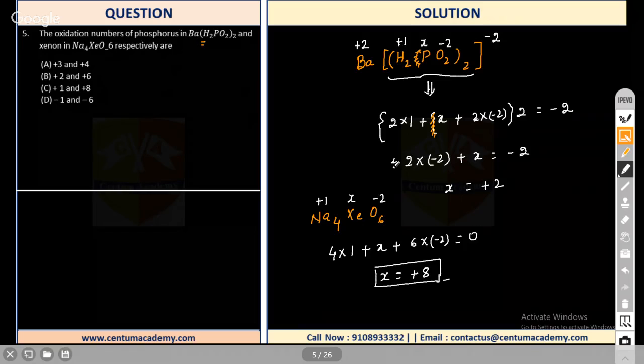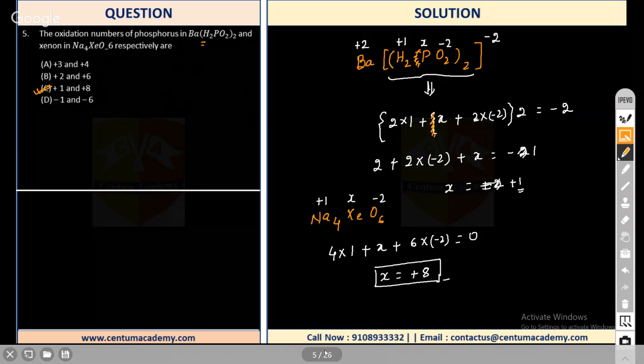So we'll have +2 also here, and that will be equal to -1 this side. Okay, so when you solve this, -4 -2 -2 -2 will go this side, so we'll get +1 here. So the answer will be +1 and +8. So option C is correct.